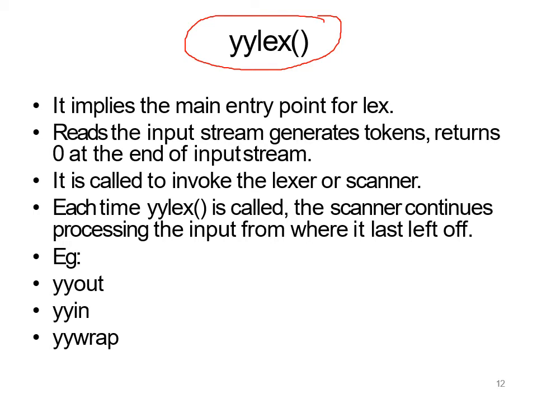After generating tokens, it returns 0 at the end of the input stream. Now it is called to invoke the lexer or scanner. Each and every time yylex is called and lexemes get converted into tokens, the scanner continues processing the input from where it last left off.